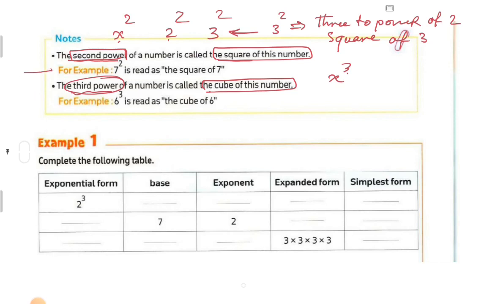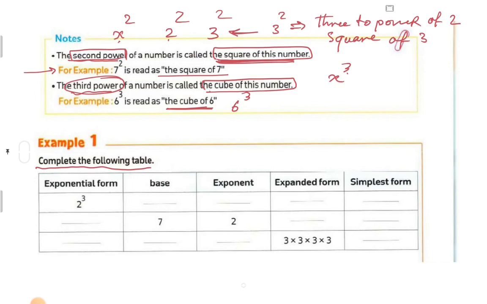Now we have an example: 7 power 2 is read as the square of 7, or 7 to the power of 2. 6 power 3 is read as the cube of 6. Cube of 6 means 6 power 3. Go to the first example: complete the following table.